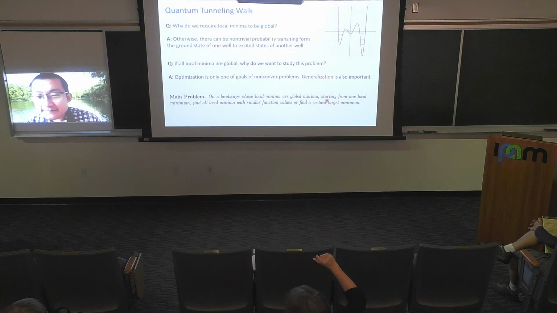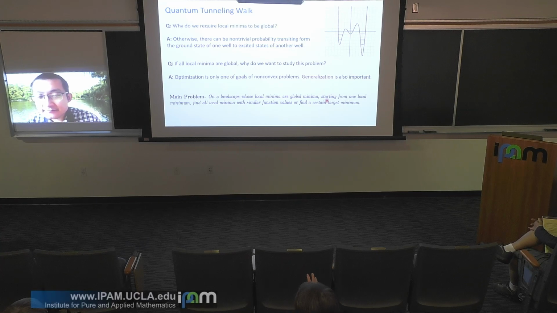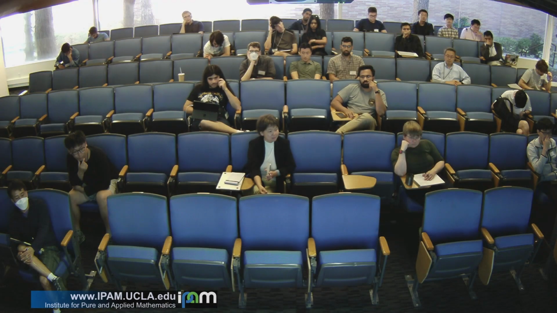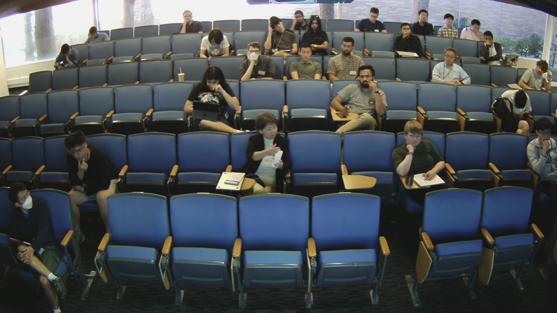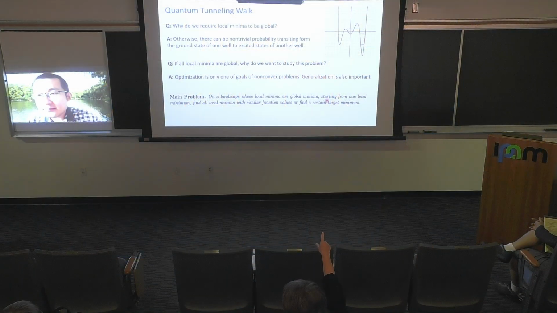We have two questions. Yes. I suppose your quantum dynamics follows the Schrödinger equation, which is a closed system, right? So we are not expecting the system to transition to the ground state, to focus on your local minimum or global minimum.